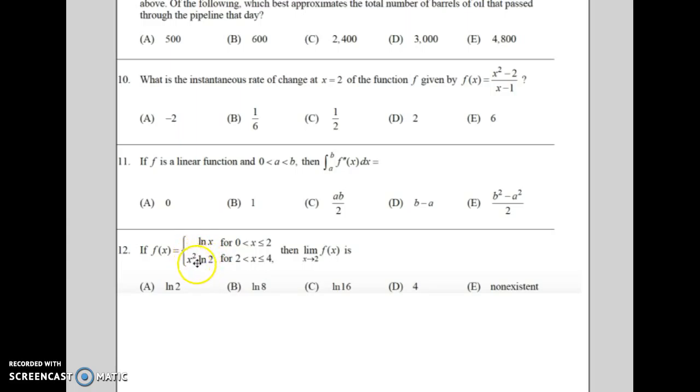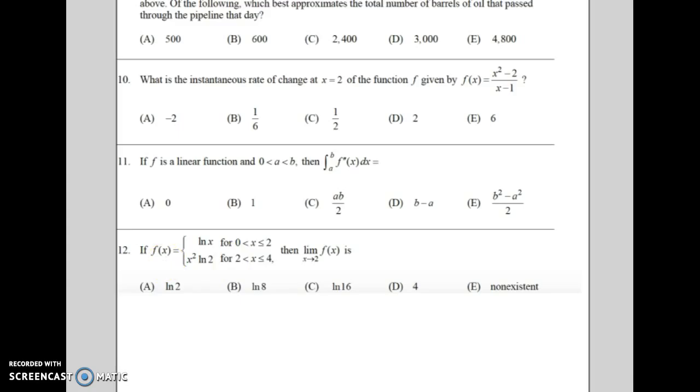So that would be 4 ln of 2 compared to ln of 2. Because those are different y values, this would not be a continuous function. So the limit does not exist. The left-hand limit is ln of 2, and the right-hand limit is 4 ln of 2. They don't match, therefore the limit is non-existent.